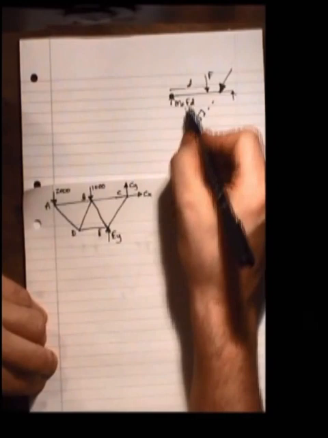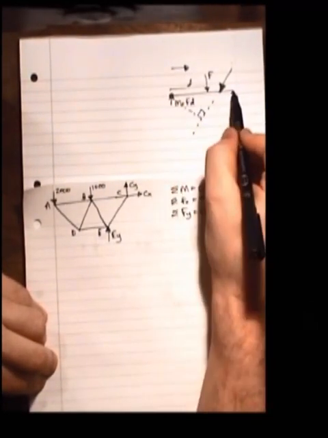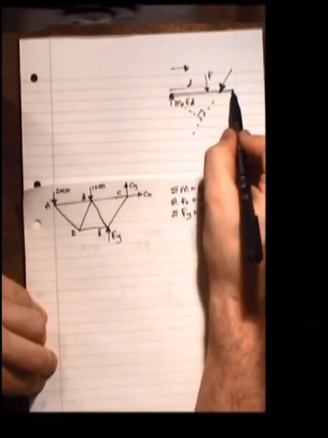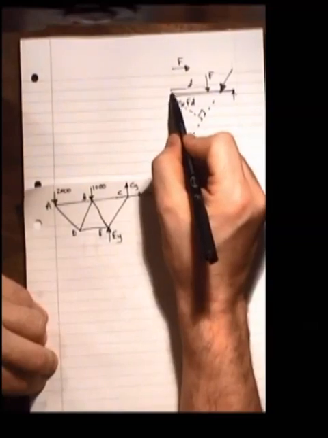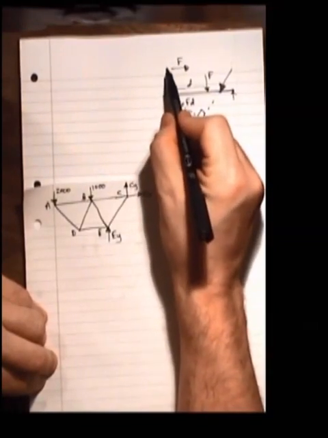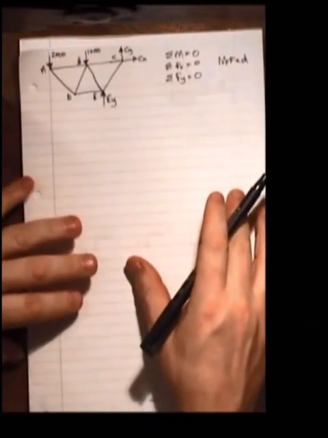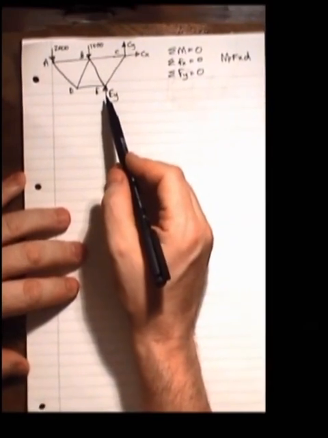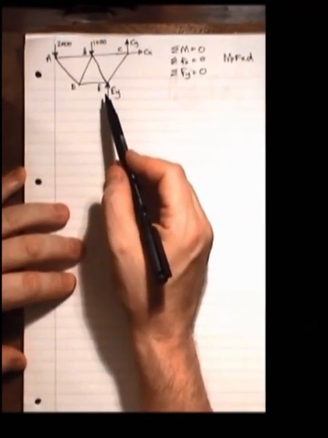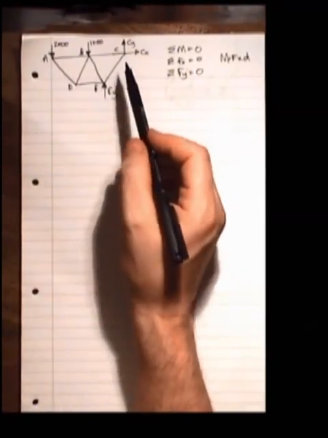If there's another force being applied to this beam, the perpendicular distance from this point here is that distance there, so that would be a D. Now that's important when you start considering forces for a truss.